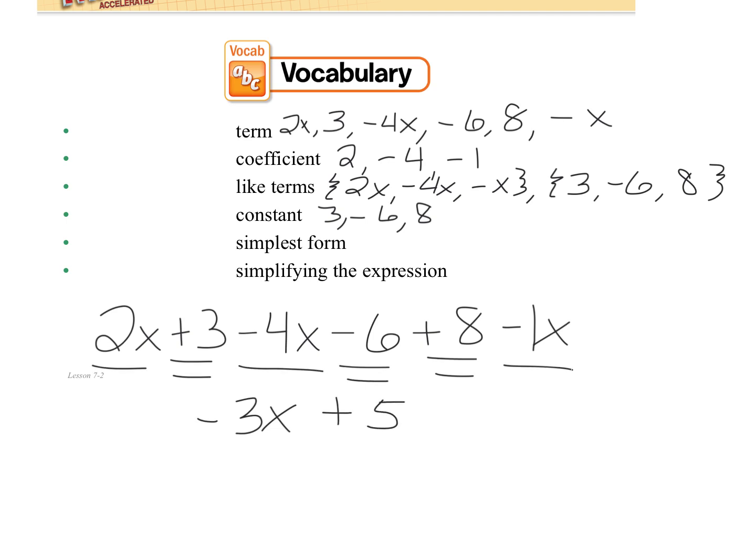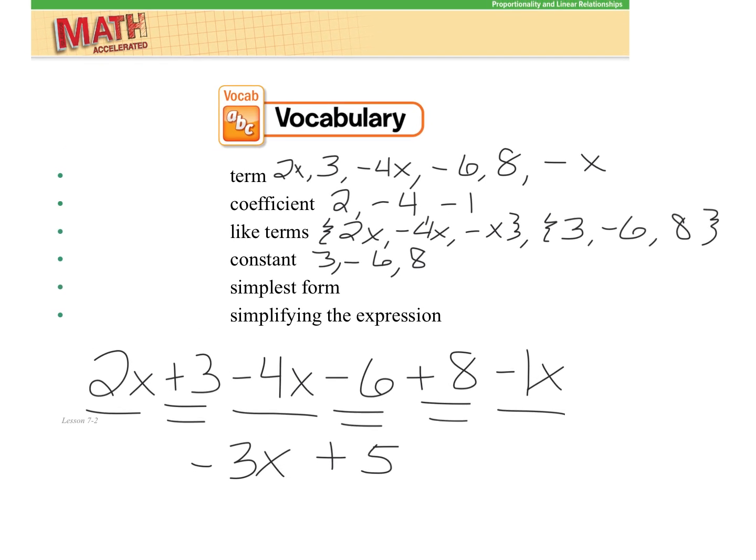That's the answer? Yep. How do you know you're done? Because you went through all of them. Because 3x can't go into 5. Right. We have no more like terms. That's how you know you're done. You have no more like terms to combine. Are there any questions over this vocab and simplifying? No? Okay, go ahead and flip your paper over.